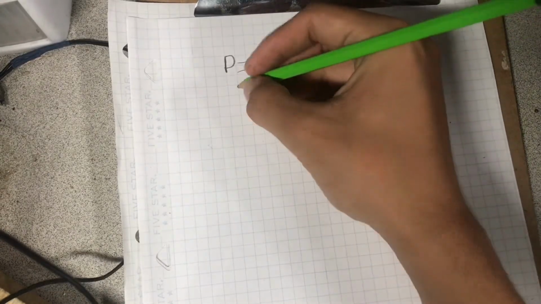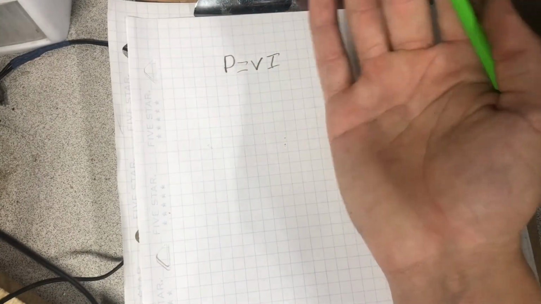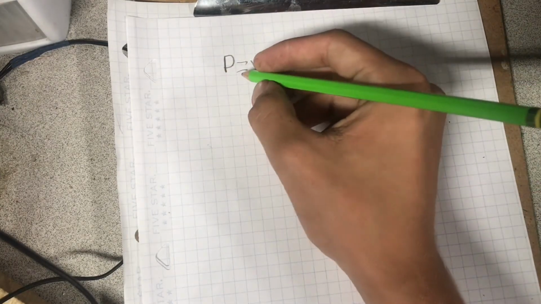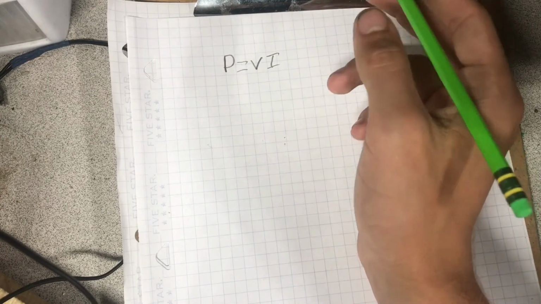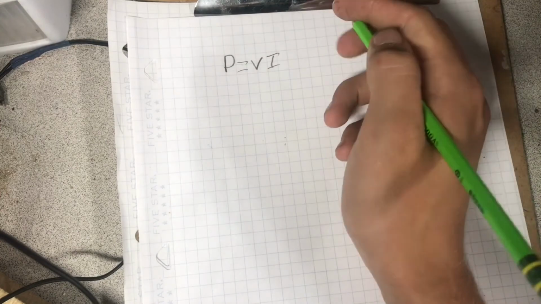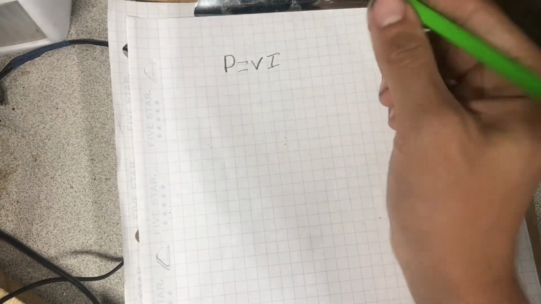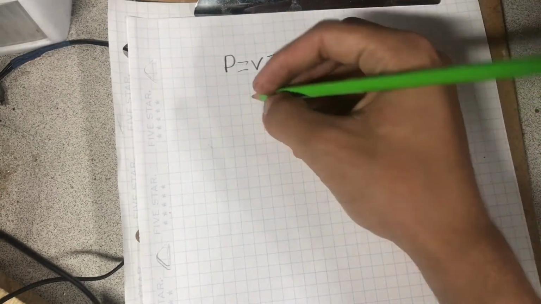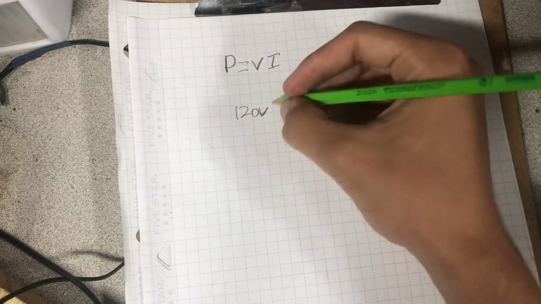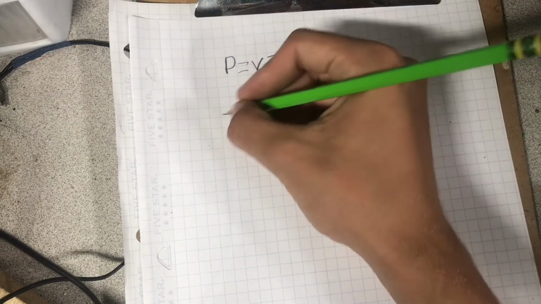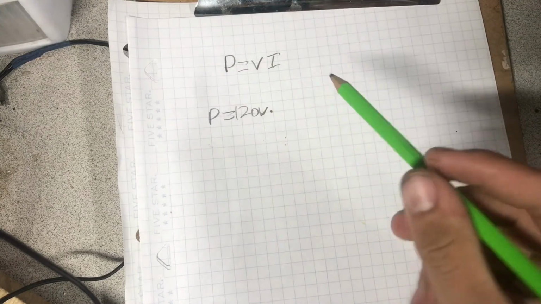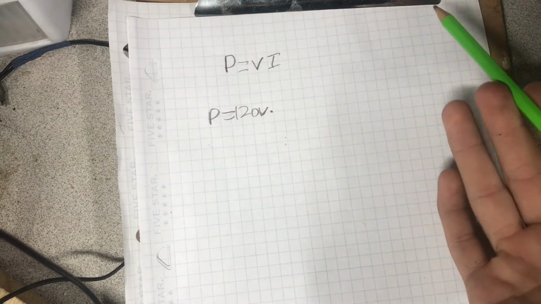So let's see. Let's say I want to find out how much power a device is using. If I know my voltage, say it's 120 volts AC, and then our current, we can find out with a current clamp or another meter that will measure current.